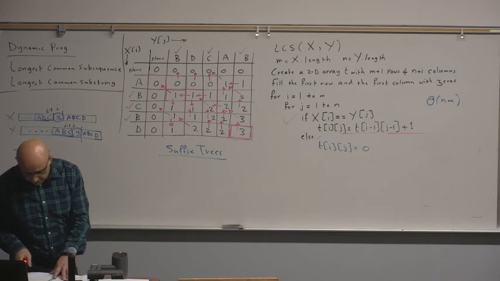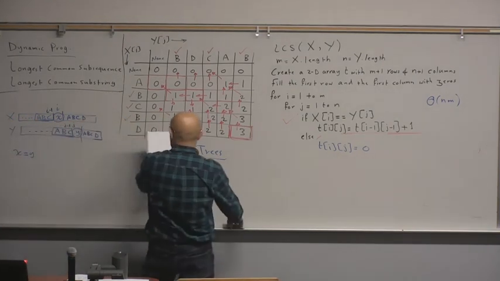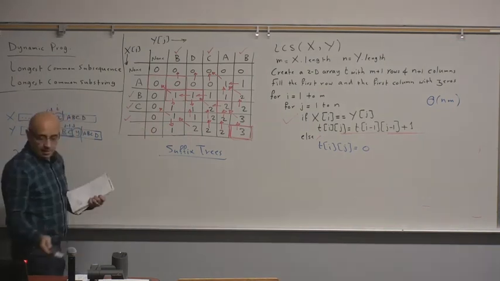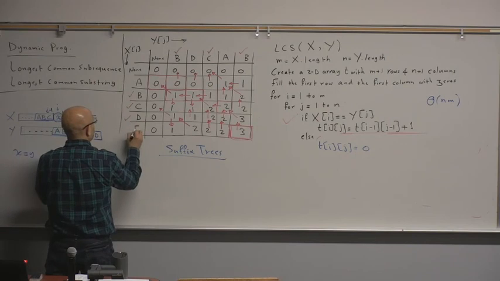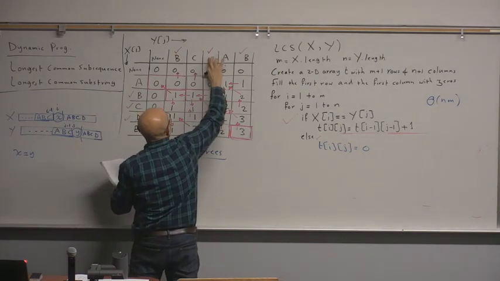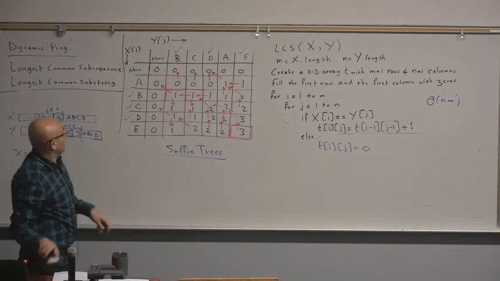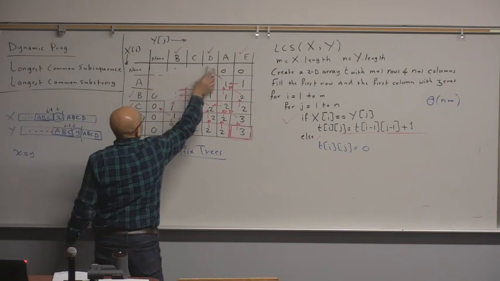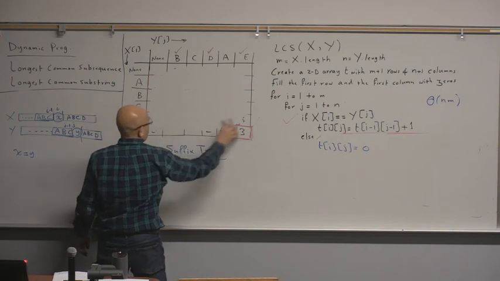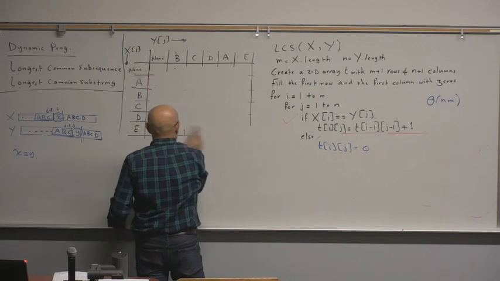So let's use this example: A, B, C, D, E, and B, C, B, C, D, A, E. And now we can just clean it up. Now it will make sense when we do this concrete example.